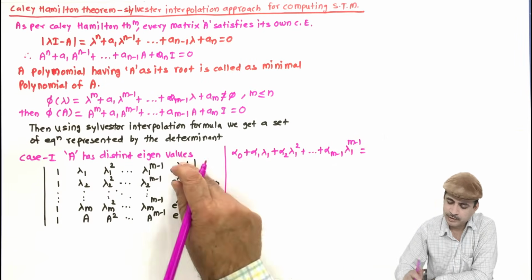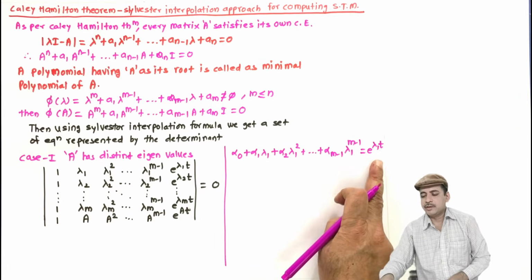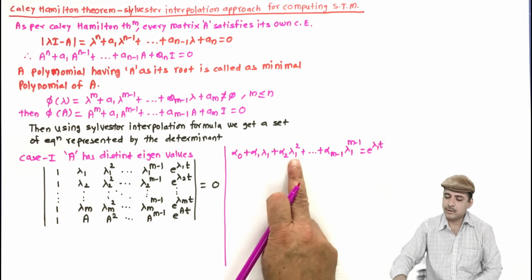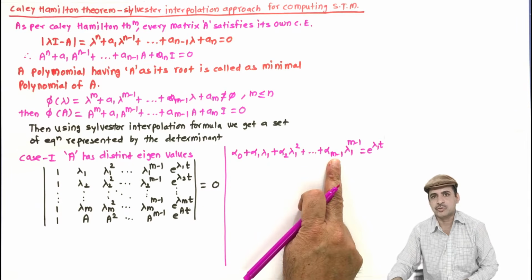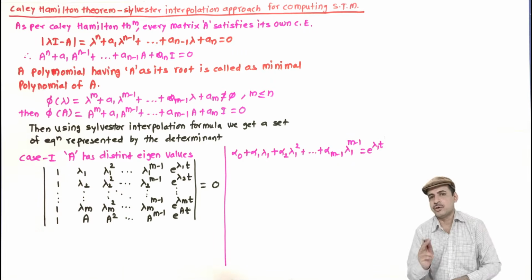This will be equal to e raised to lambda 1 t. Now we have the values of lambda. So unknowns are alpha 0 to alpha m minus 1.